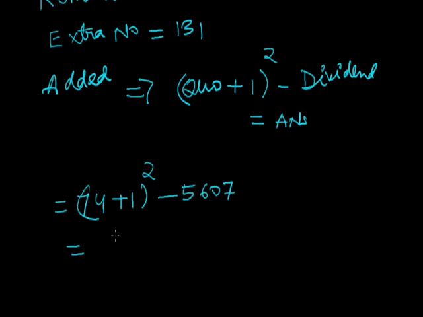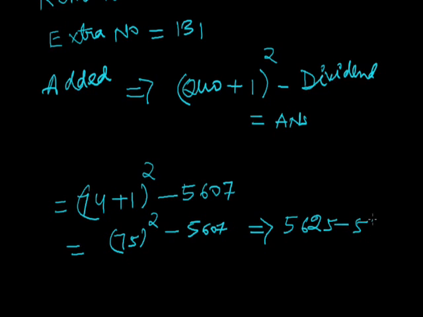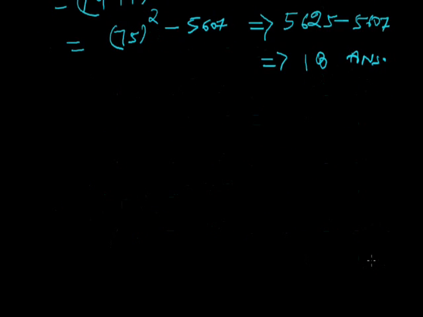This implies 75 whole square minus 5607. The square of 75 is 5625, minus 5607 gives you the answer as 18. So 18 is the least number which must be added to 5607 to get a perfect square.